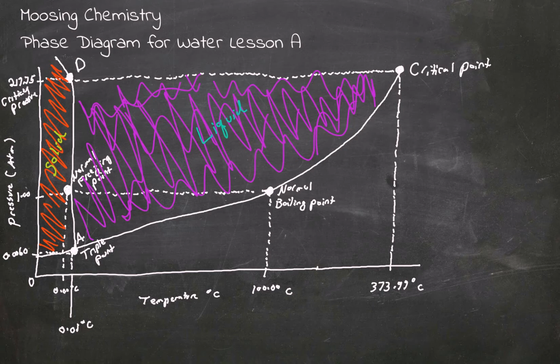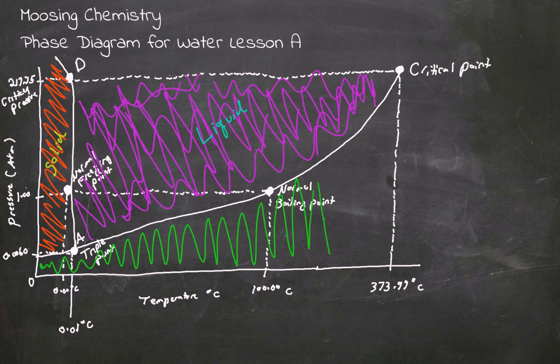Last but not least, let's get a good green in here. So if you are in this area, and your temperatures and pressures lie within that area, guess what? You're going to be a vapor.